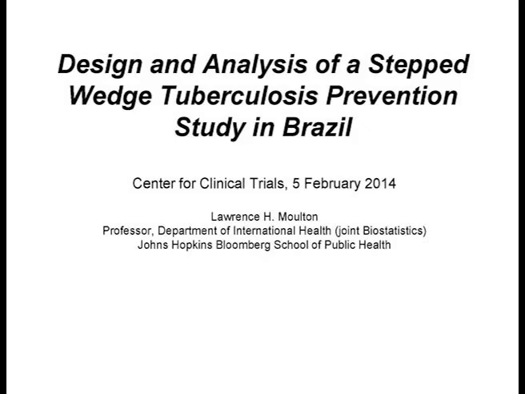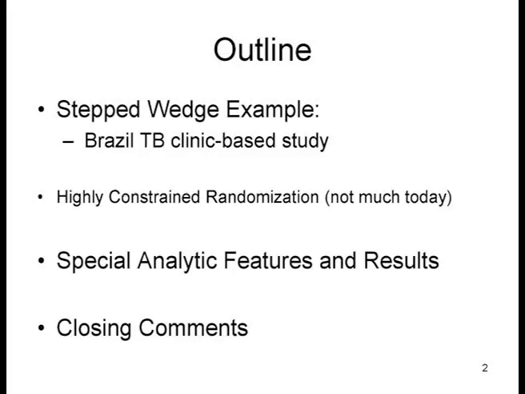Well, I think a bunch of you are here today because of this stepped wedge business. So we'll spend some time talking about this particular design because the whole trial was a stepped wedge trial. And we'll go through an example here, which is going to be from start to end our only example, which is the study that many of the people here have been working on for years, the tuberculosis trial in Brazil.